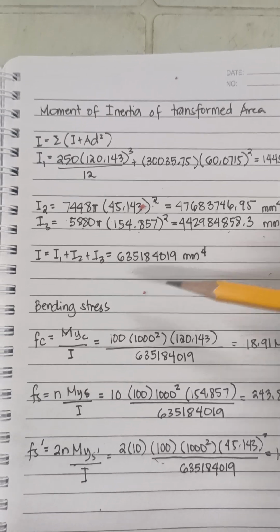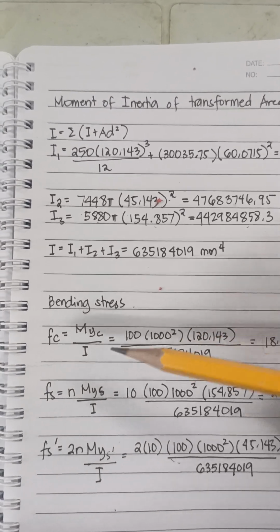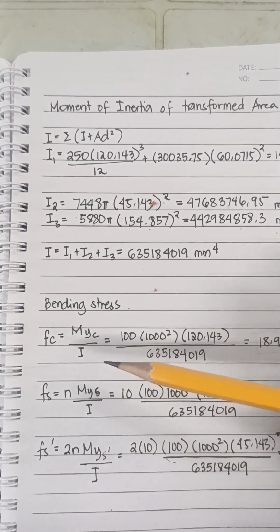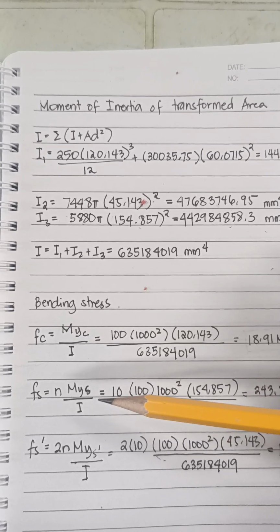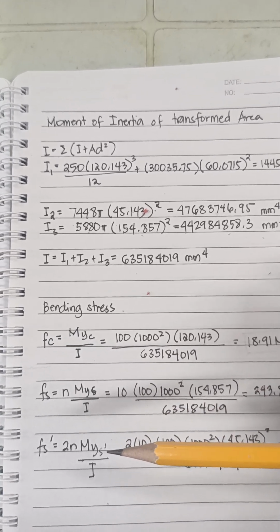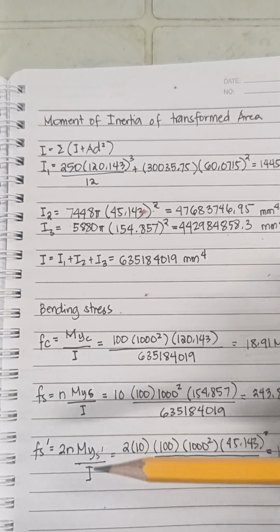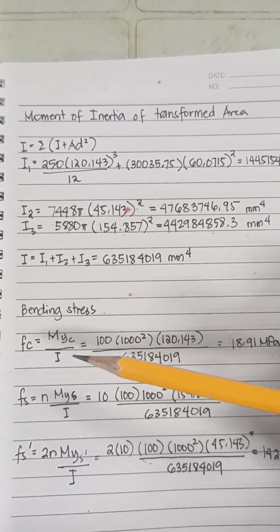Next is the bending stress, which is what is required. We have three bending stresses: stress for the concrete, stress for the tension steel, and stress for the compression steel. Let's go first to the stress in the concrete.